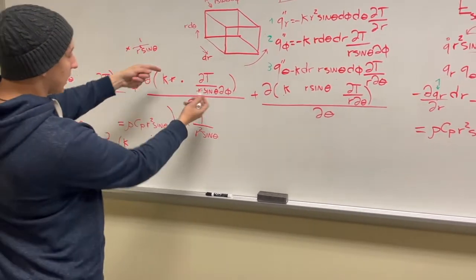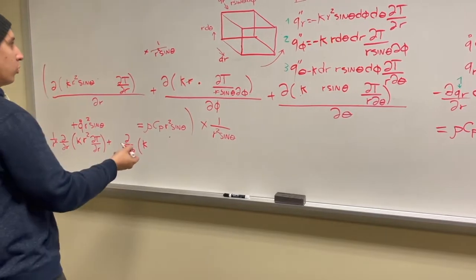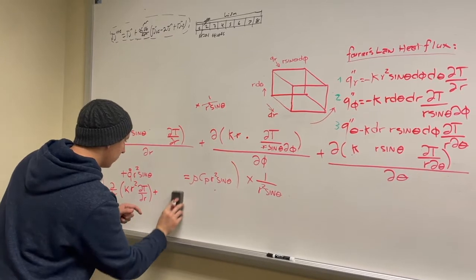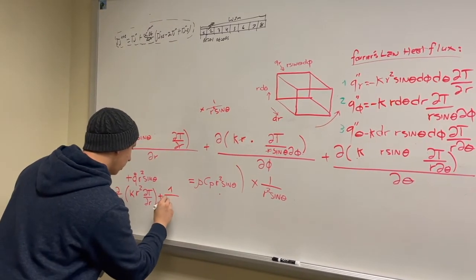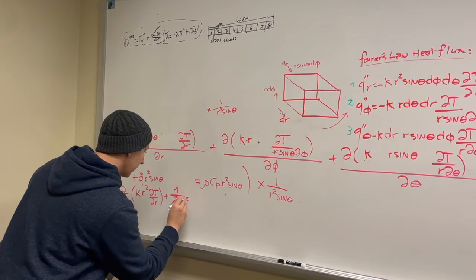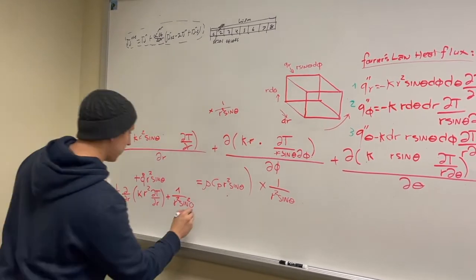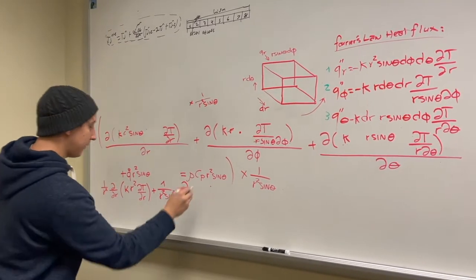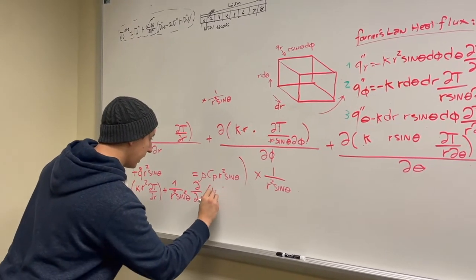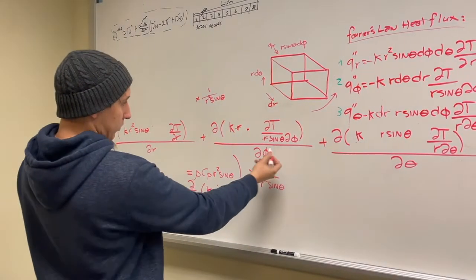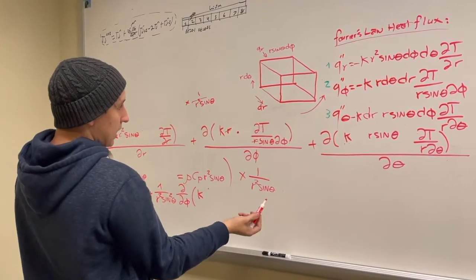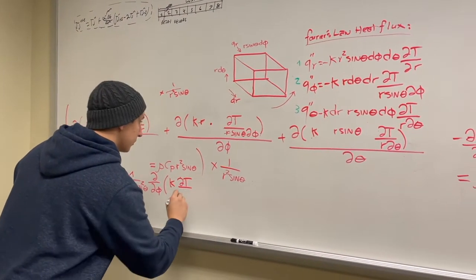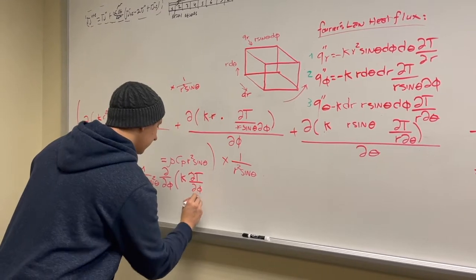And this r, since it's not going to cancel with anything, is actually going to come out in front. So why don't I give myself a little bit of room? That's going to be 1 over r squared sine squared theta here. And that's going to be our del phi. We'll have k here again. And then everything got canceled. Everything is taken care of. We have just the gradient again here, dT over d phi.